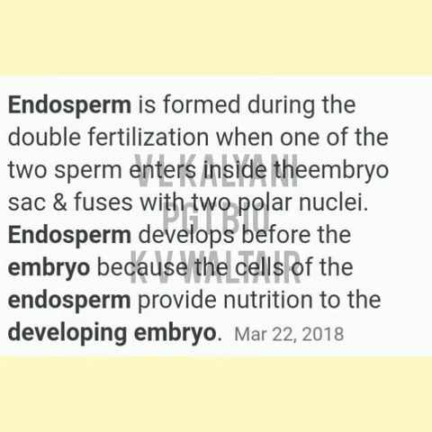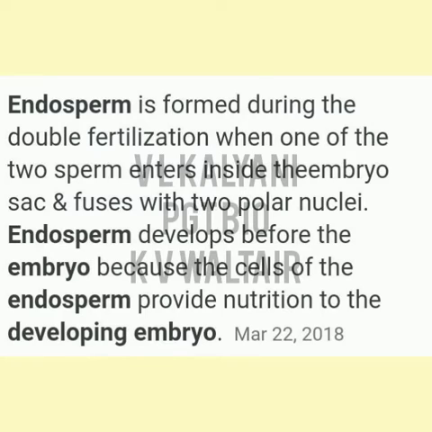The reason is endosperm provides nutrition for the developing embryo. That is why, for assured nutrition for the development of embryo, what happens before the embryo development? The endosperm will be formed. After formation of a little endosperm starts, then only the development of embryo will start.